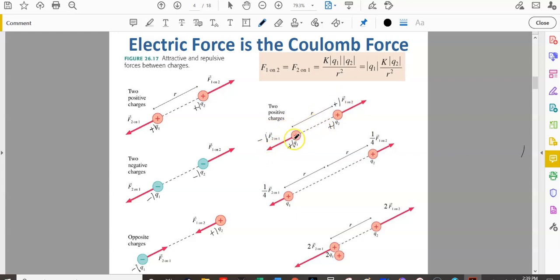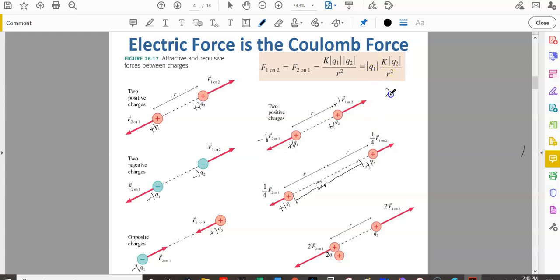Well, what if the distance between these positive 1Qs were now doubled? Now they're 2r apart. Well, now that force is going to drop off by the square of that.